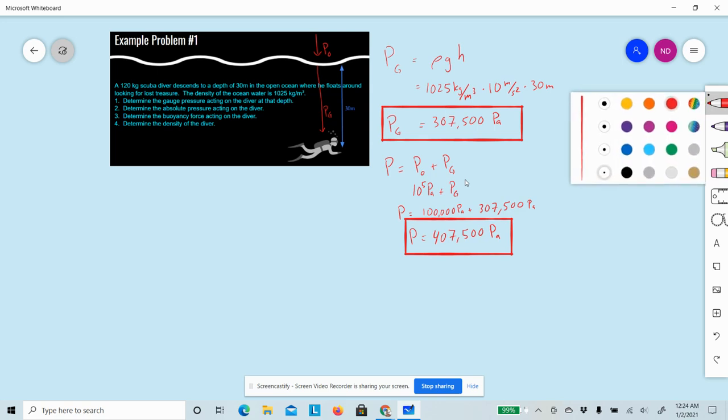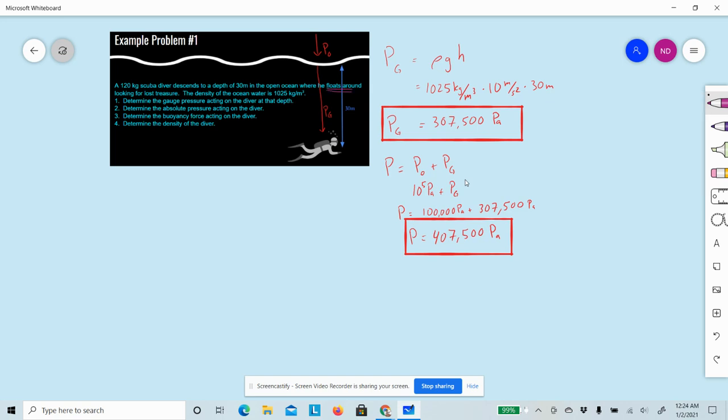Well, that's an interesting one. The buoyancy force. Let's think carefully here. Very important: he's floating around. He is not rising and he is not sinking. He is floating at this depth, which tells you that he's not rising or sinking. So if he's not going up or going down, the vertical forces on him are in balance. He's in equilibrium.